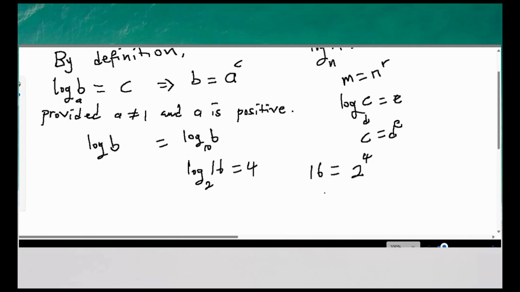And is that true? What's the meaning of 2 raised to the power 4? It means you're going to be multiplying 2 by itself 4 times, right? 1, 2, 3, 4. 2 times 2 is going to give us 4, 4 times 2 is going to be 8, and 8 times 2 is 16. So that is true, our definition is right.